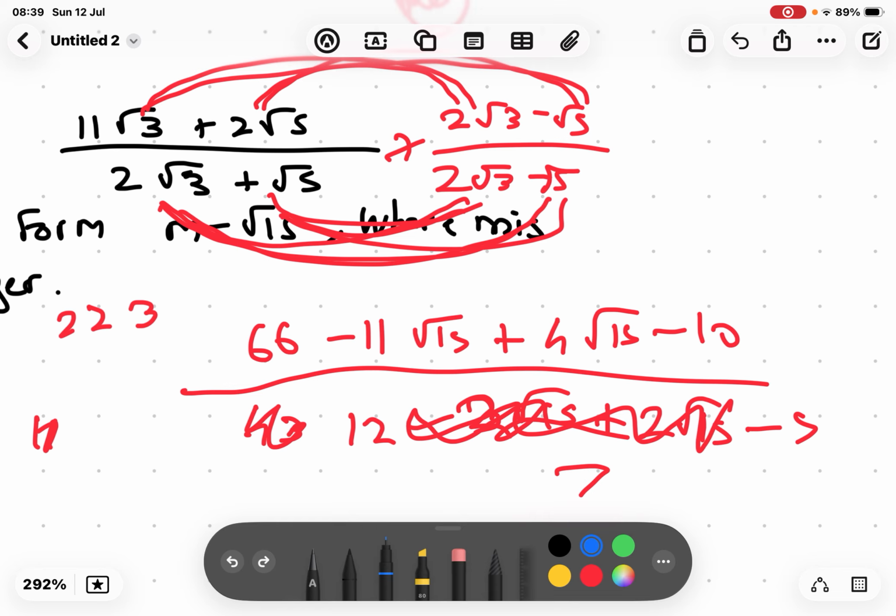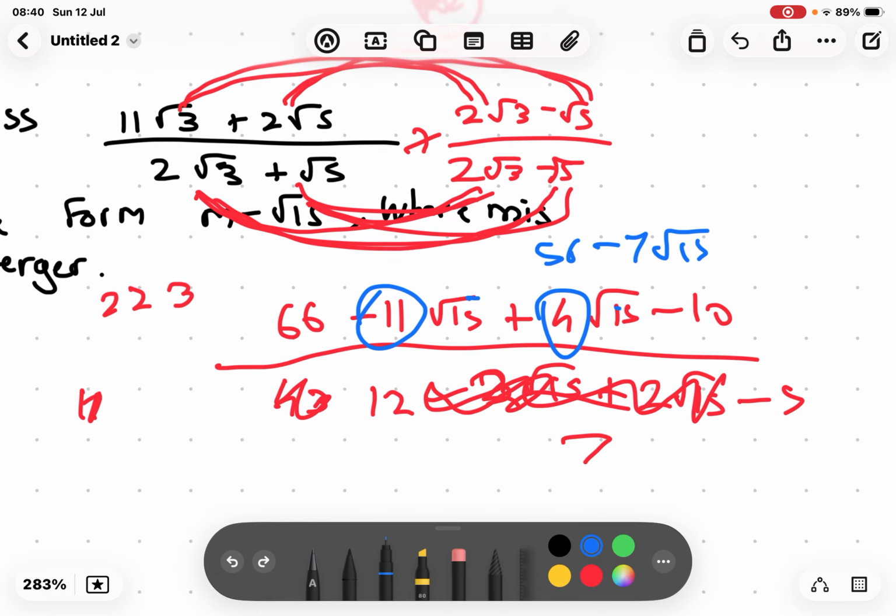So take away 10 from this 56, and then negative 7 from this, and then this and this, basically this. And so we're able to divide this whole thing apart from this by 7.